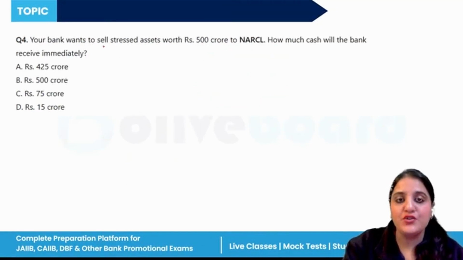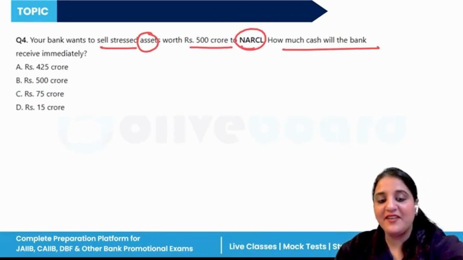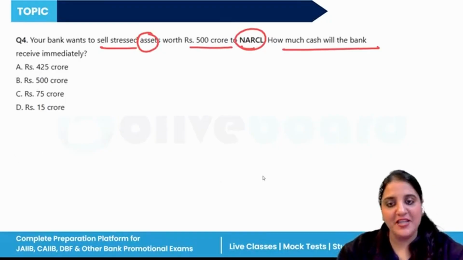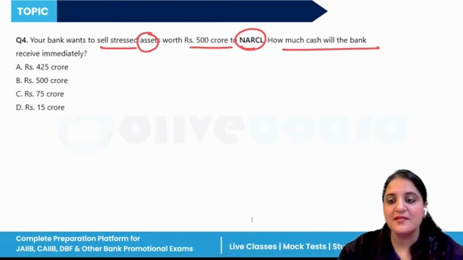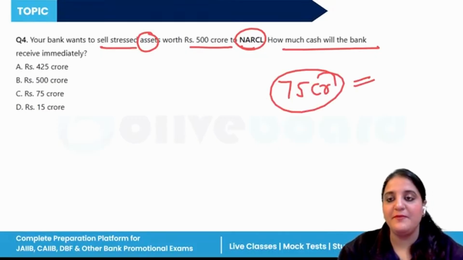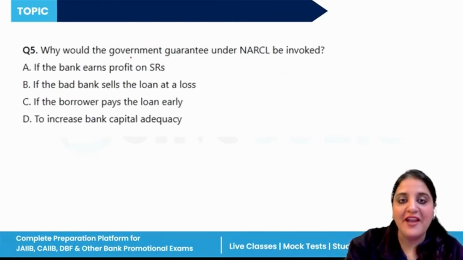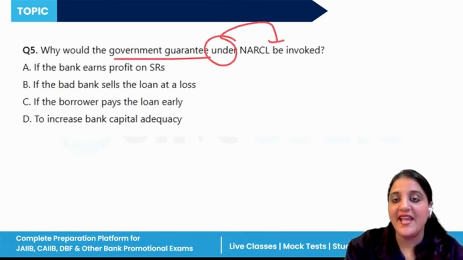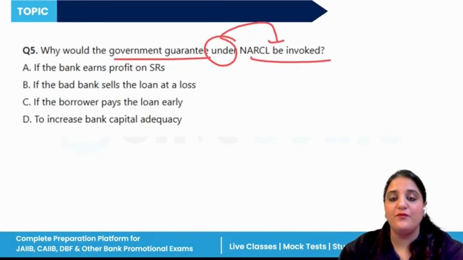And if your bank wants to sell stress assets worth 500 crore to NARCL, how much cash will the bank receive? 15%. 15% of 500 crore is 75 crore. So this 75 crore will be there in cash. Why would the government guarantee under the NARCL be invoked?